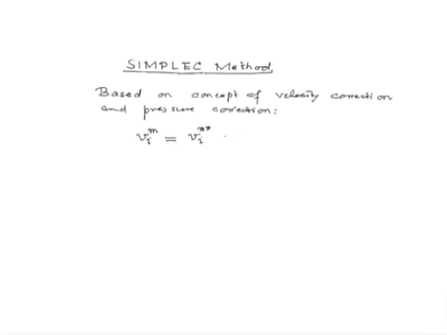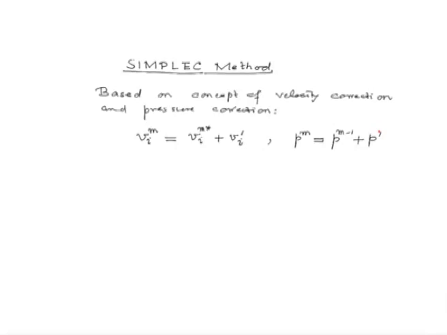That is how we had obtained this V_i^m star plus a small velocity correction V_i prime. You would obtain it as a part of this solution process. Similarly, the pressure field at the current iteration is obtained as the sum of the pressure at the previous iteration plus a small pressure correction. And as I mentioned earlier, here we would not require any under or over relaxation for improvement of the convergence. That is the beauty of the SIMPLEC method.